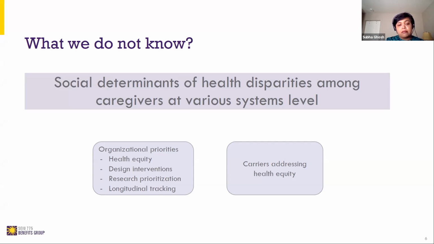It informs how the organization can use this information to design better interventions, prioritize their resources, and longitudinally track performance, but also to tell our carriers that we are using your health insurance claims data to create this work, and we are finding these disparities that exist.